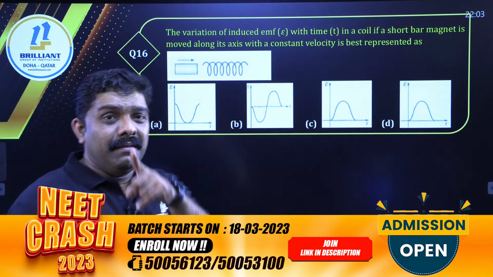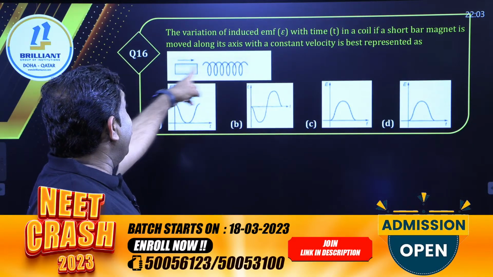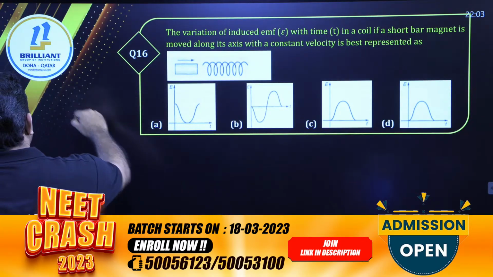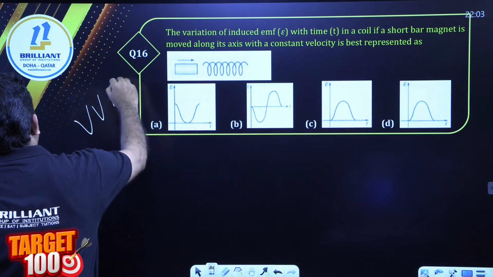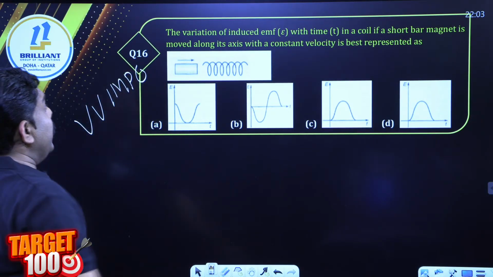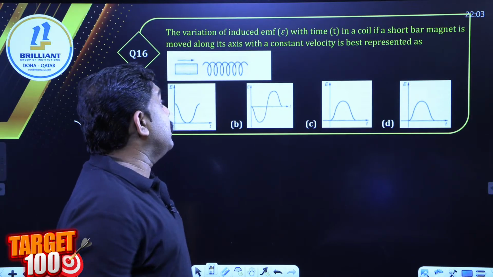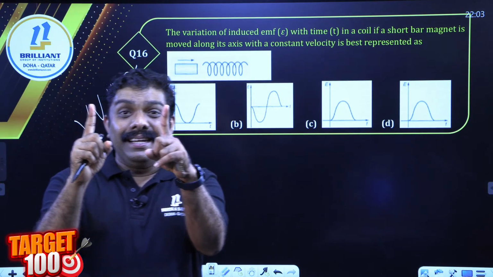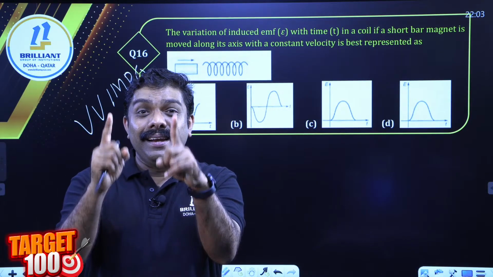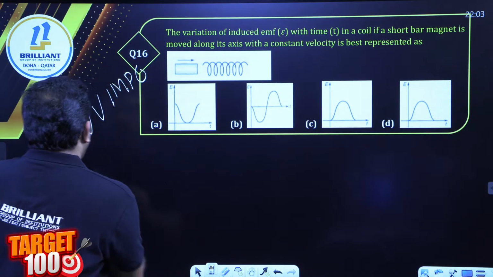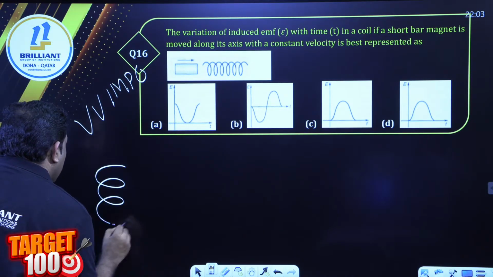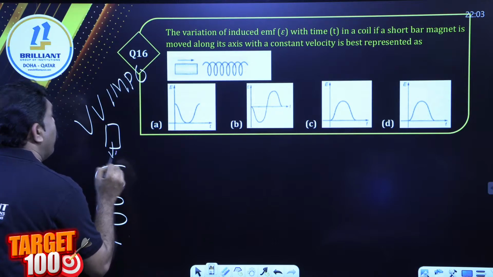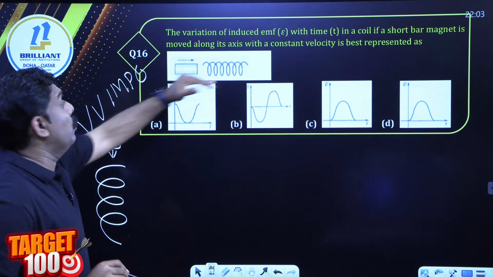Question 16. Very important. The variation of induced EMF with the time in a coil moved along its axis with a constant velocity is best represented by. I'm saying it is a very important question. This question comes either this way or this way. The coil is here and the magnet is here and it is falling like this, or it is moving horizontally.